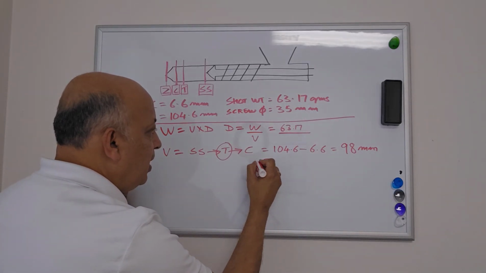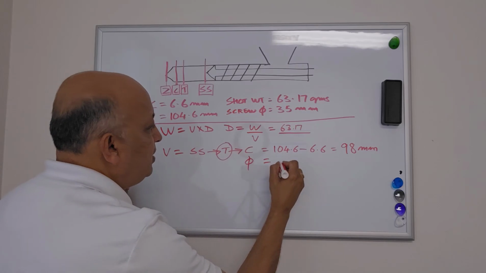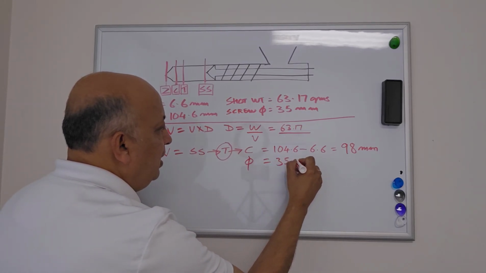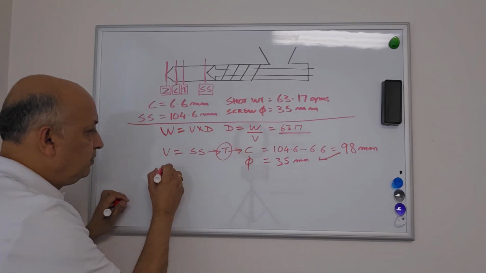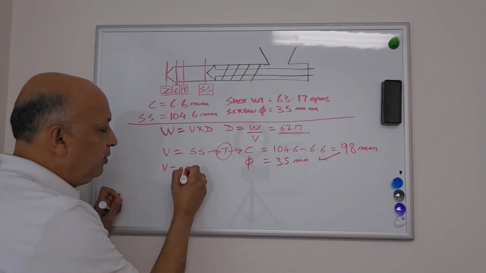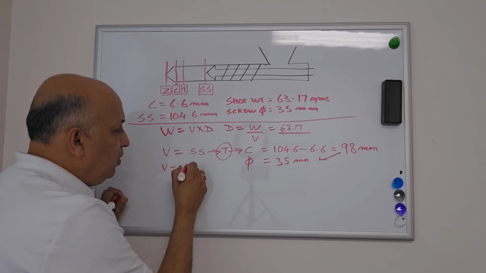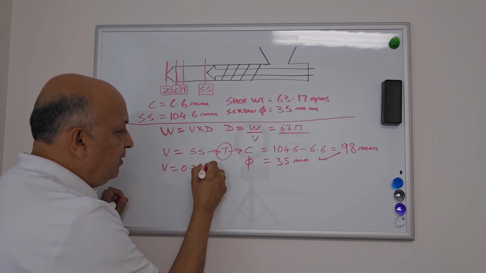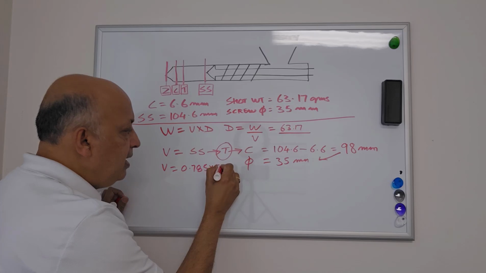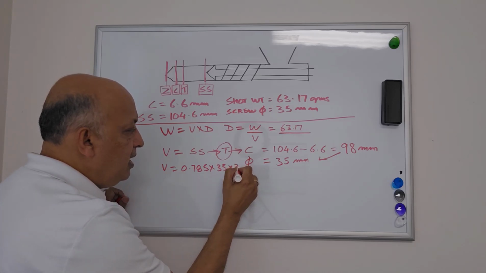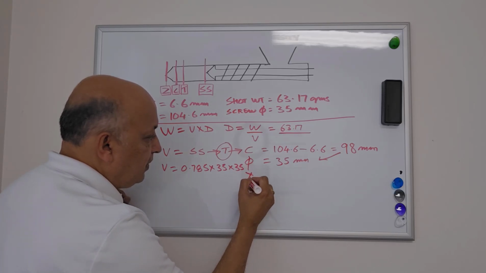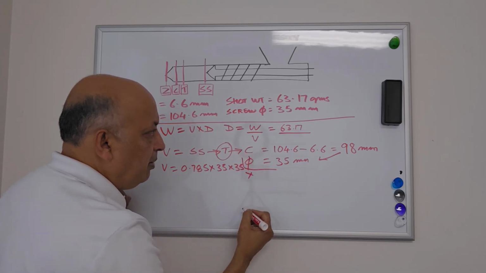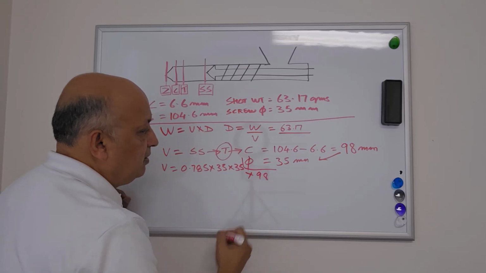And your screw diameter is how much? 35 millimeters. And so based on this, the formula for volume is equal to 0.785 multiplied by D squared, multiplied by 98, which is a length.